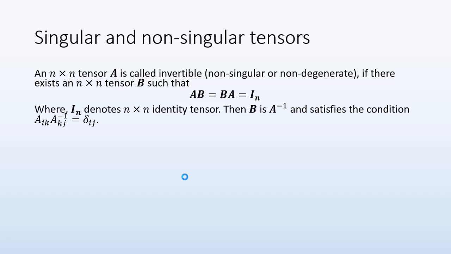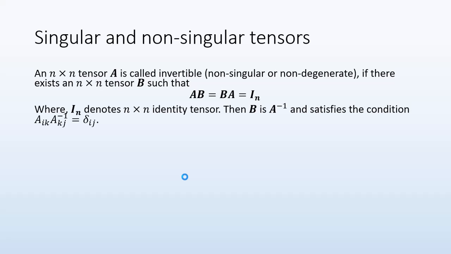On the basis of whether the inverse of a tensor exists or not, we can classify the tensors as singular and non-singular tensors. For every tensor A, if its inverse exists, such tensors are known as invertible or non-singular or non-degenerate.